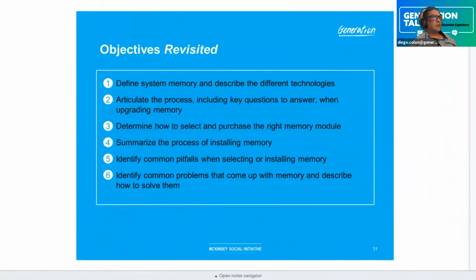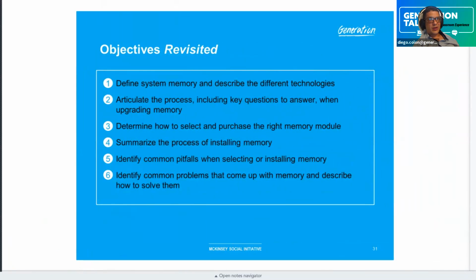Okay, so at this point, hopefully we should be able to define system memory itself and the different technologies. Articulate the process overall, including the key questions to answer when you're upgrading it. Understanding that RAM holds the data and instructions going from the CPU to itself, or even coming from the hard drive.